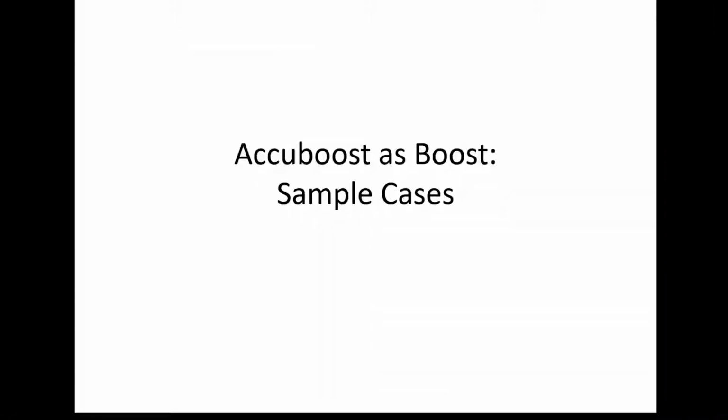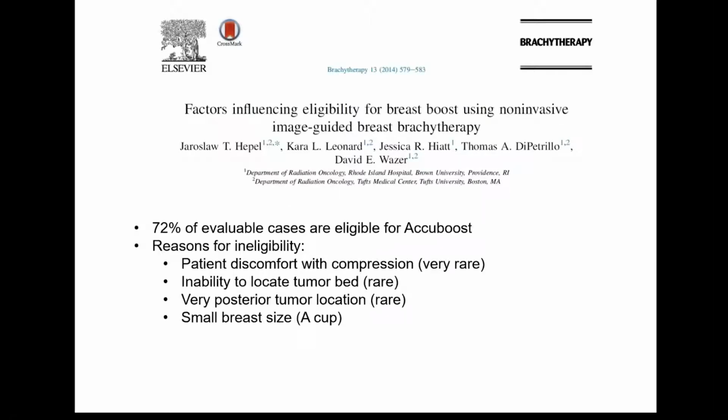Next slide. So I'd like to run through some sample cases just to give you a sense of how we use the technology on a day-to-day basis and where we see some of the advantages with it. First, when we look at eligibility in our breast conservation population, about 72% of all our cases are eligible for AccuBoost.